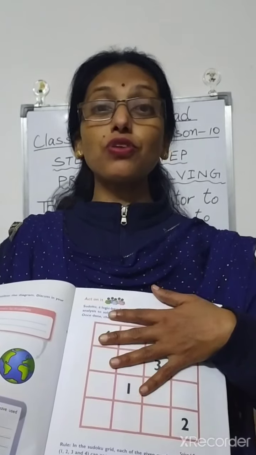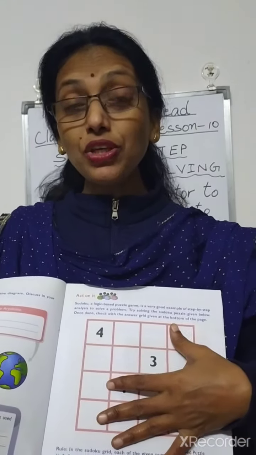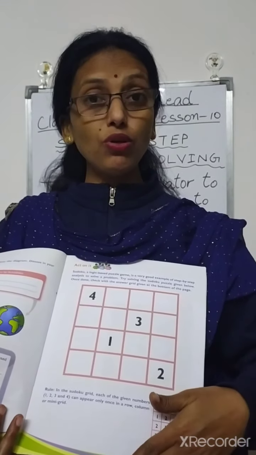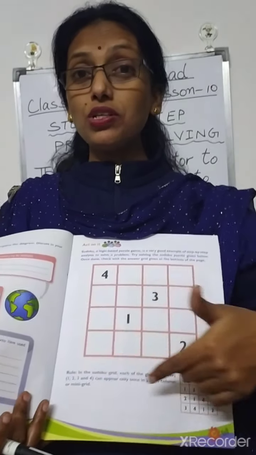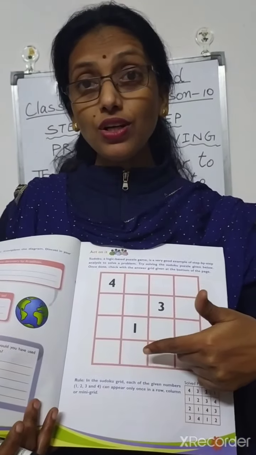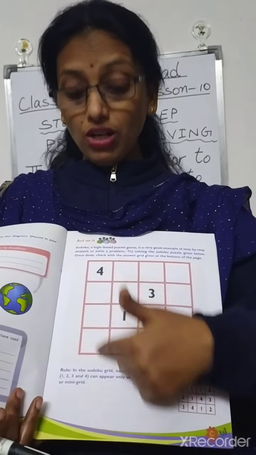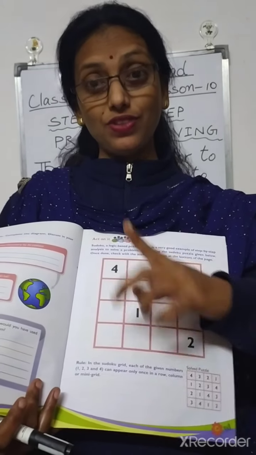Now on this page, there is a number grid given to you. It's sort of a puzzle. Don't look for the solution. The solution is here, but don't look for it. Try to solve this puzzle. Now the hint for it is that column wise and row wise, the number will not be repeated, right?